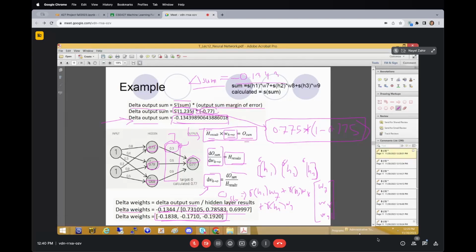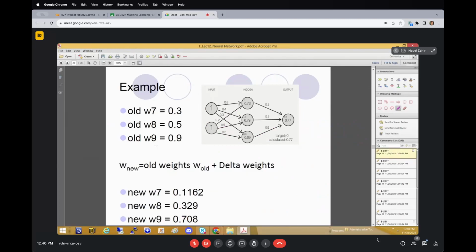The previous weights were 0.3, 0.5 and 9. The new weights will be the previous weights plus the delta weights. So these are the values of our new weights.